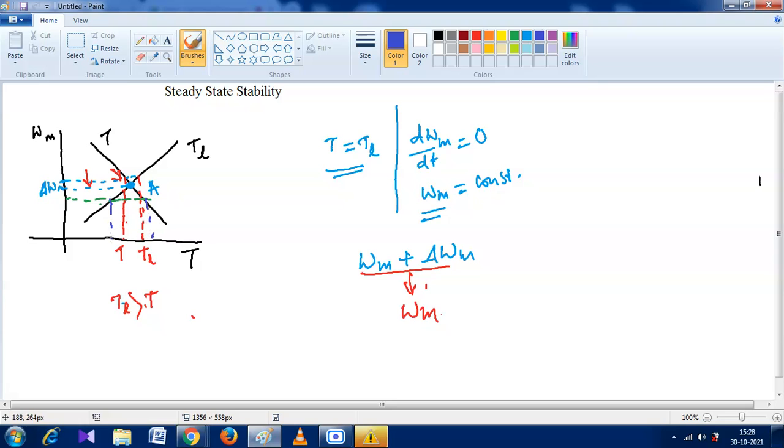The operating point is below the equilibrium point. At that time this is TL and this is T. Which one is greater now? T is greater than TL. Below the operating speed, the condition is T greater than TL.